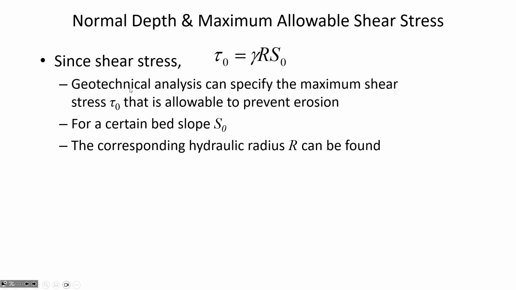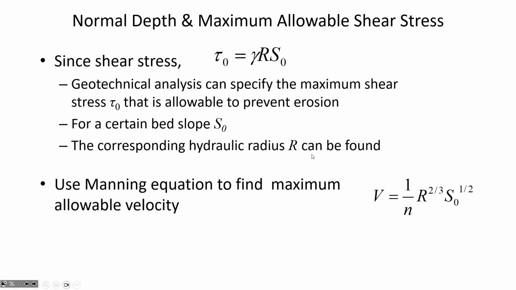And so if you know the maximum allowable shear stress and you know the slope of the channel and then the hydraulic radius based on how wide the channel is, its shape, like if it's prismatic and trapezoidal or if it's irregular, you can calculate the hydraulic radius.